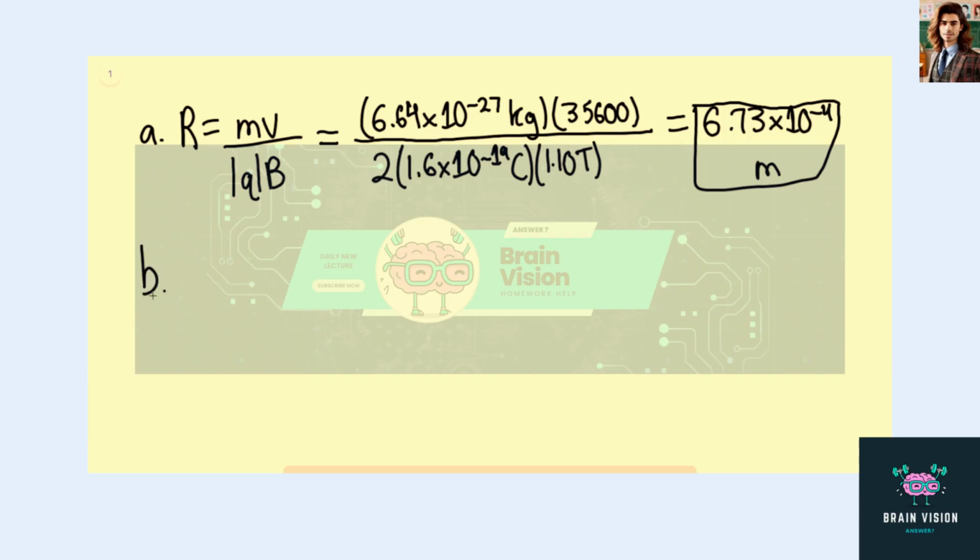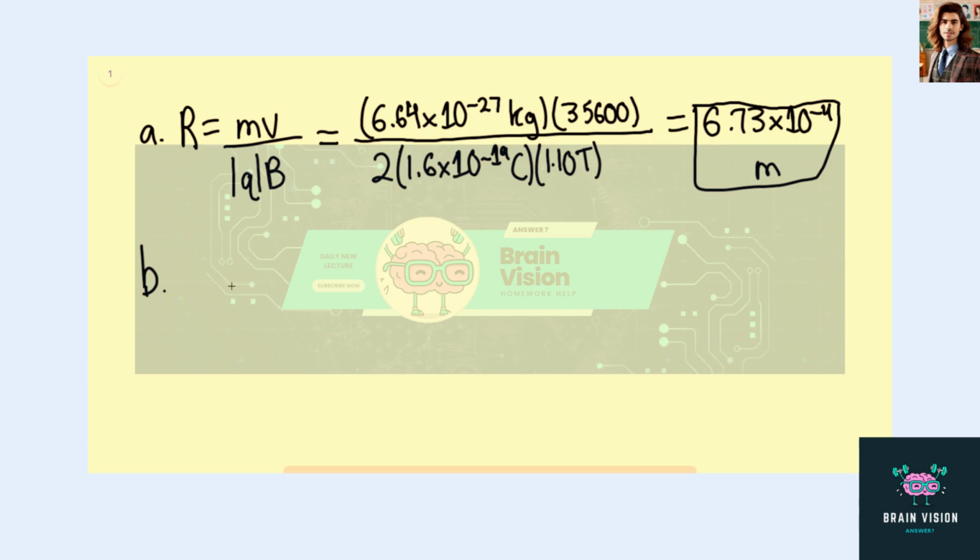And then for part B, they're asking us to find the direction of the magnetic force. So for a very short time interval, the displacement of the particle is in the direction of the velocity.